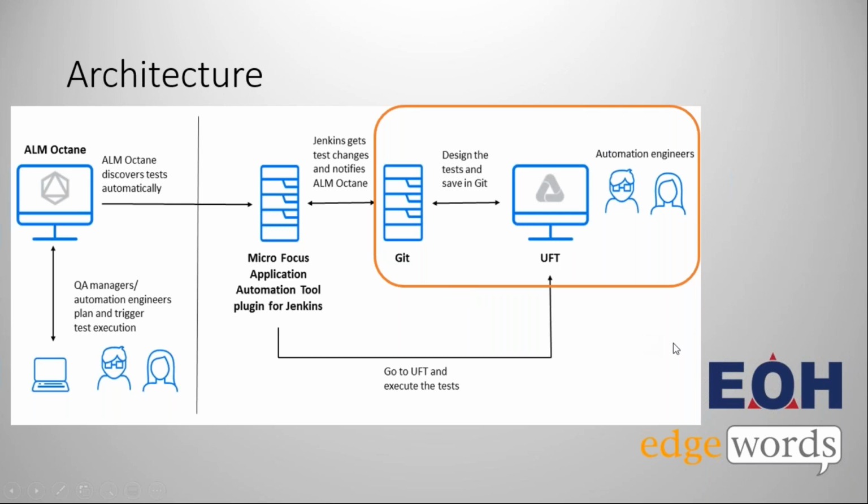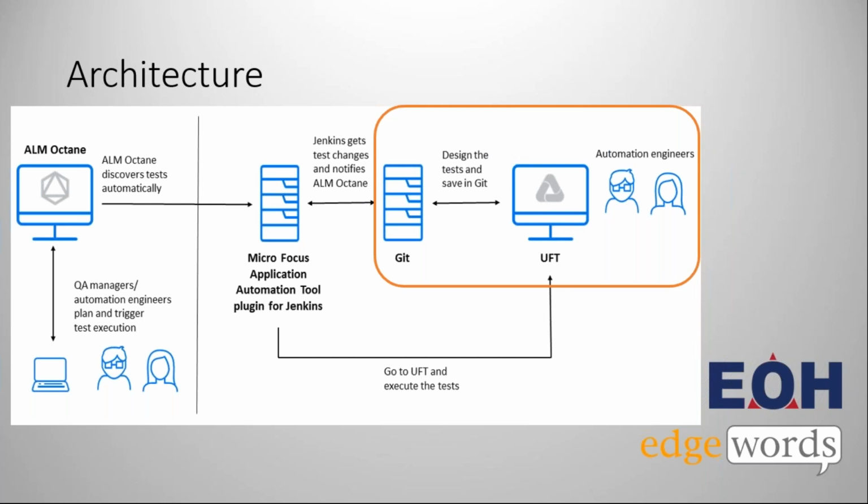Okay, so we saw this slide last week, but just revisiting this. So last week we were concentrating on looking at Microfocus's UFT, the automated testing tool, with source control. So we were looking at using UFT with Git, and also we were looking at GitHub as well, and some of the advantages of using GitHub.